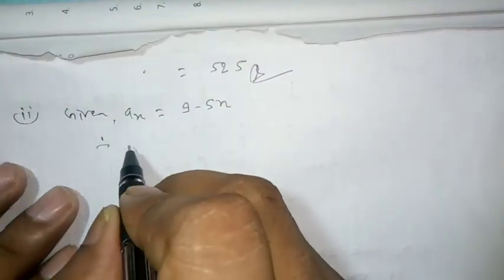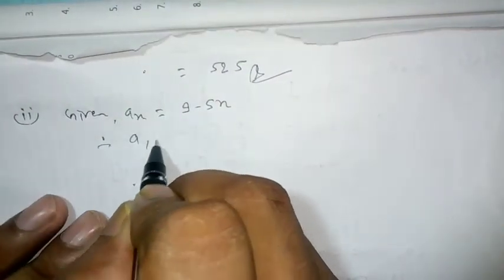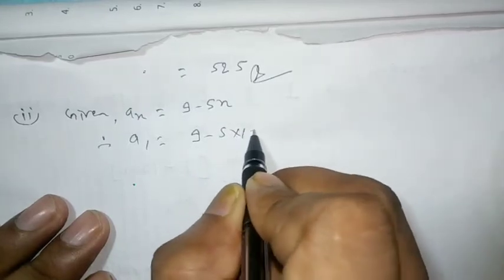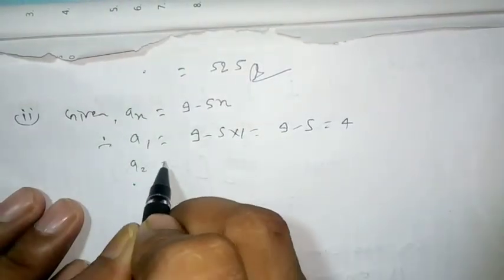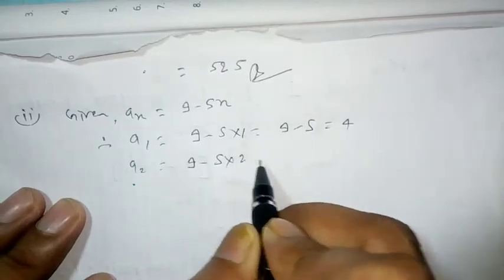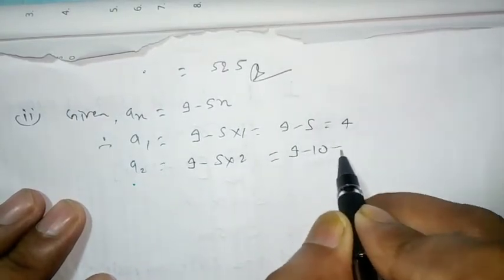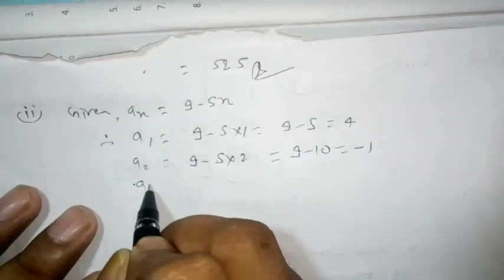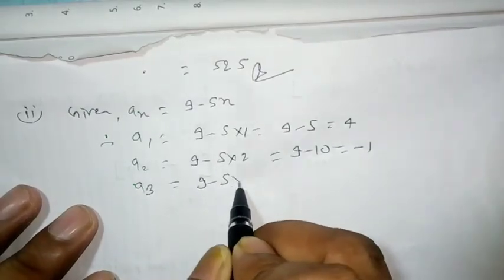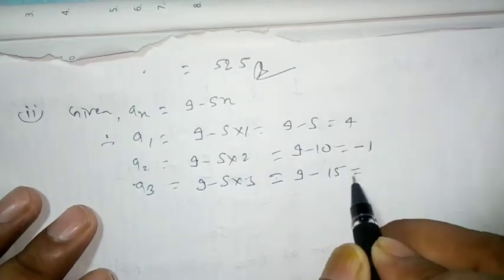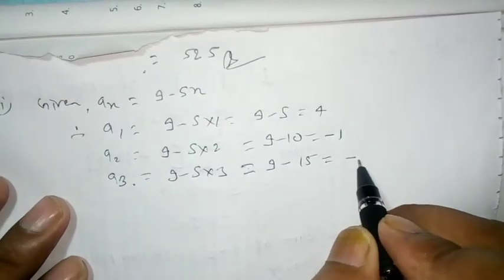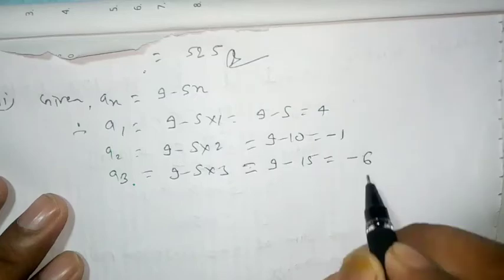Therefore, a1 is equal to 9 minus 5 into 1, is equal to 9 minus 5, is equal to 4. a2 is equal to 9 minus 5 into 2, is equal to 9 minus 10, is equal to minus 1. a3 is equal to 9 minus 5 into 3, is equal to 9 minus 15, is equal to minus 6.